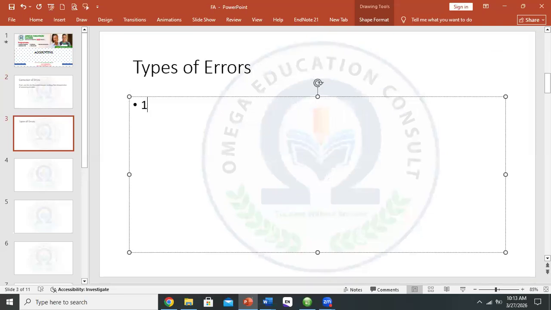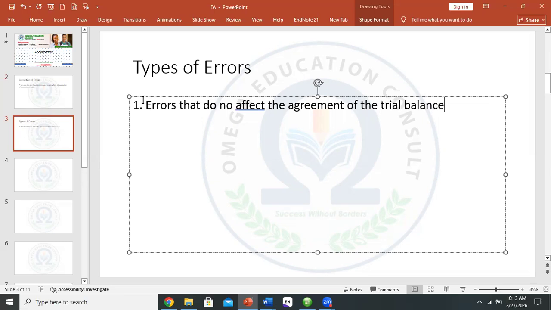Number one, we have errors that do not affect the agreement of the trial balance. So there are some errors that do not affect the agreement of the trial balance. What does it mean? It means that even though they occur, you will not see it in the trial balance because the trial balance will still agree.